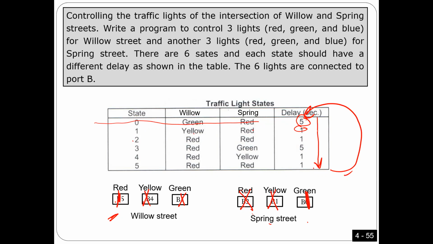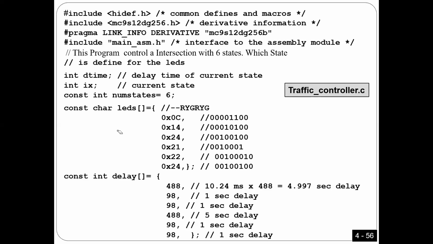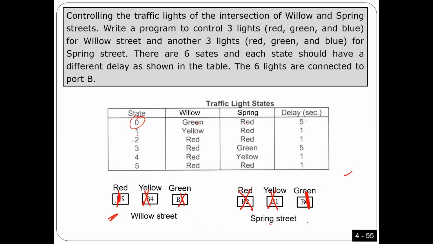I'm going to explain it. The main idea is that I'm going to create 2 arrays. This is C language. One array is for what number I have to put in the LEDs, for state 0, state 1, state 2, and so on. We have 6 states, right? No, sorry, from 0 to 5.